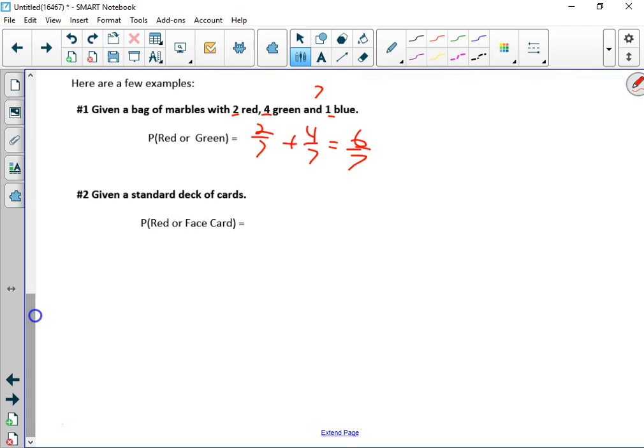Now, given a standard deck of cards, remember, 52 for that. Red. What is the chance of getting a red? Well, that's 26, half the deck, out of 52. Plus the face cards. How many face cards are there? 12 out of 52. Now, we need to take out the red face cards.